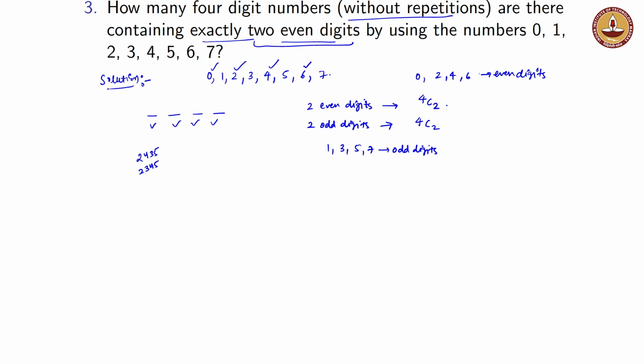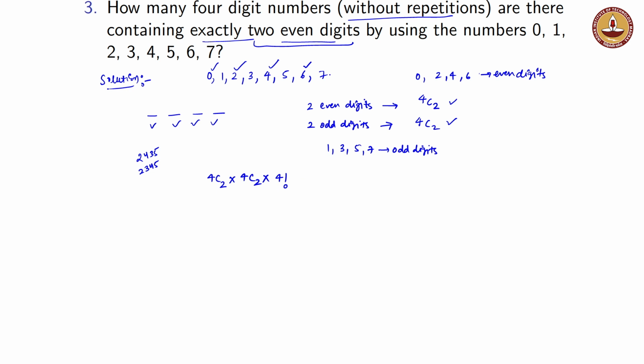So here what we have done, we have selected two even digits and two odd digits. Now we will arrange these four digits, which we can do in 4C2 into 4C2 into, since we have selected a total of four digits, 4 factorial ways.